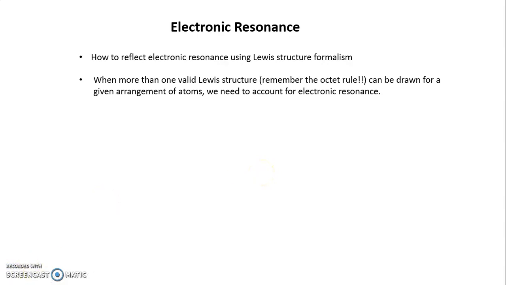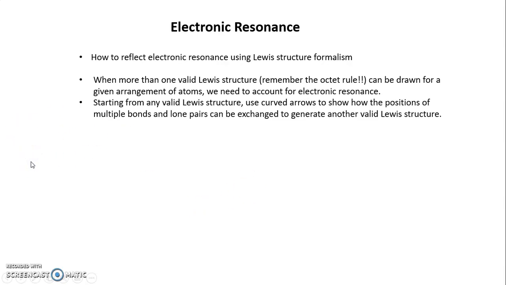So what that means is you can have Lewis structures where there's more than one way to choose positions of multiple bonds and lone pairs for the given structure. So if you have a Lewis structure like that, you can use curved arrows to show how the positions of multiple bonds and lone pairs can be exchanged to generate another valid Lewis structure. And again, I'm going quickly here because this should all be review of the help class from yesterday.